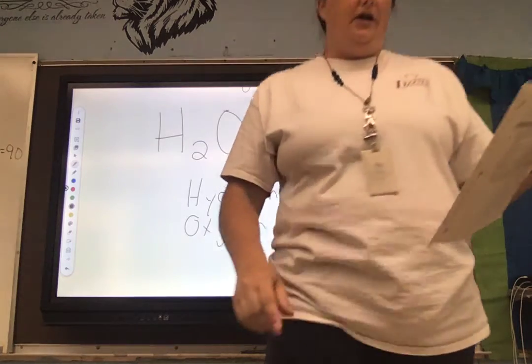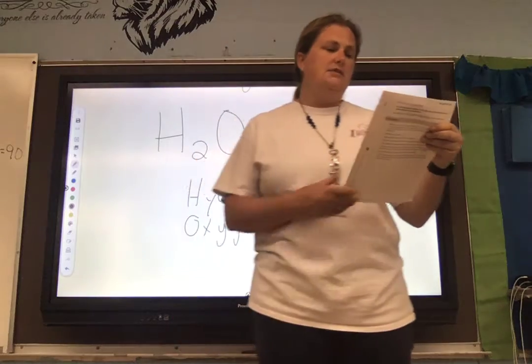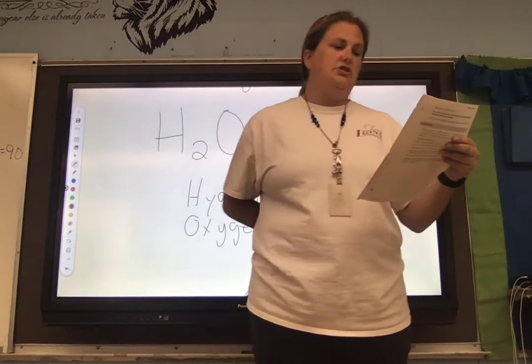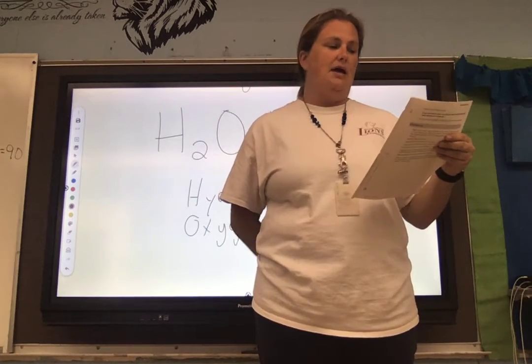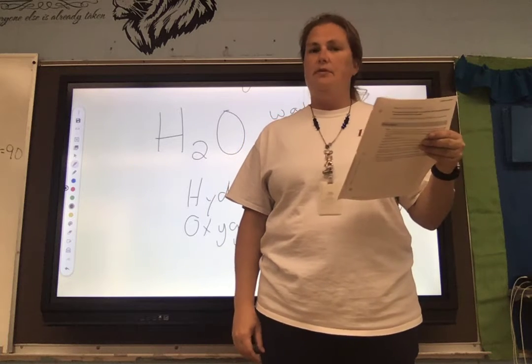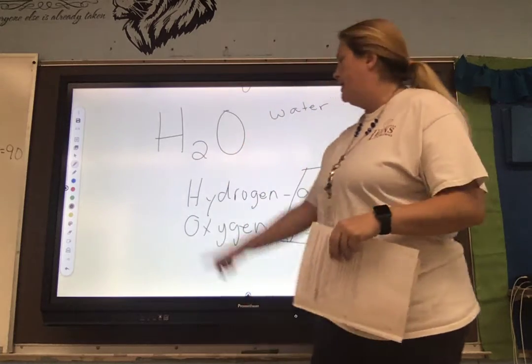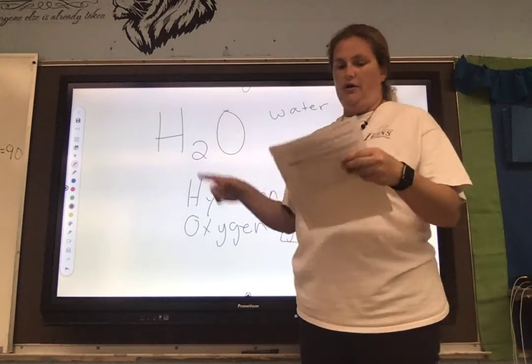So look at paragraph number 2. Follow along with me. Chemists use chemical symbols to show the elements that make up a compound. These symbols are called chemical formulas. The chemical formula for water is H2O.